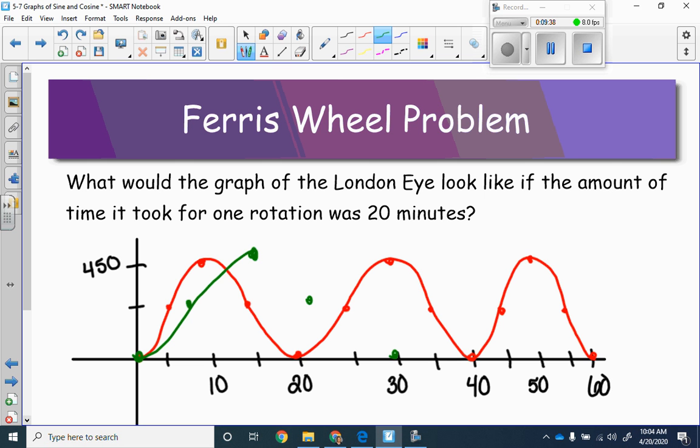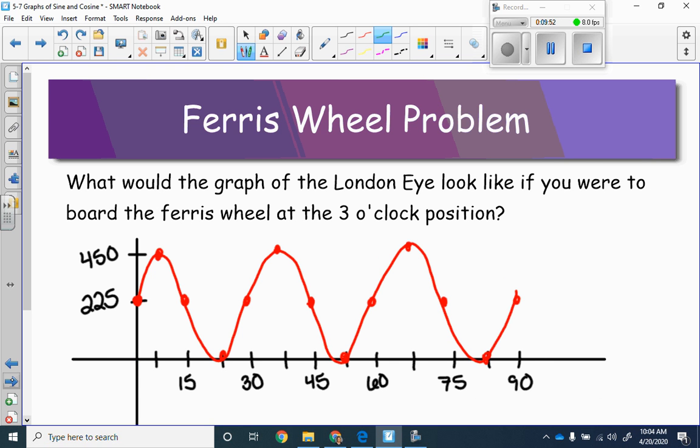Not perfect, but that green graph is what the original function looked like. Now, by changing the amount of time, we are compressing this horizontally. Alright, and then there was one more.